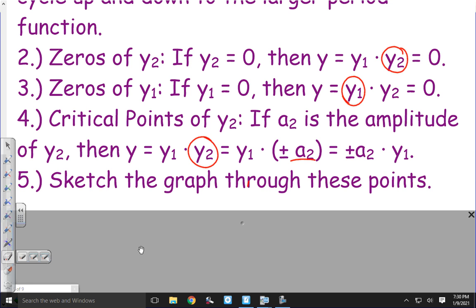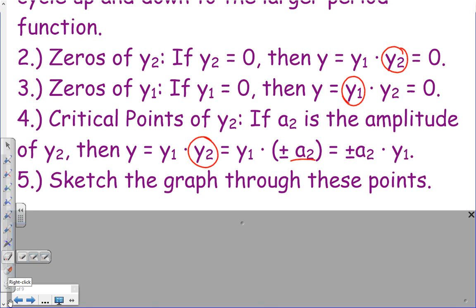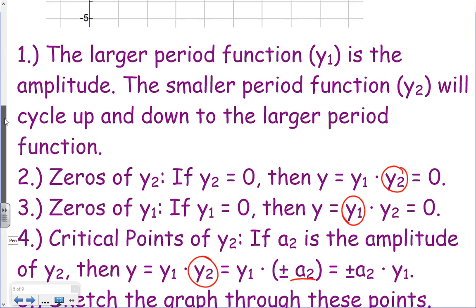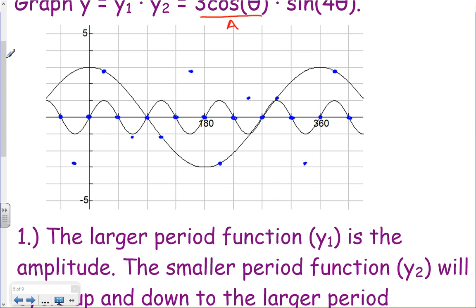Sketch the graph that goes through these points. So now let's sketch our function, and again, try to go through these points, get a nice curve as you go through those points. But this is going to do something like this. It's going to come through here. Oops, I'm not sure why it didn't sketch there. Come up to this point, back down. Here's a little bit tricky, but realize that it's going to just hit the x-axis and kind of bounce back.